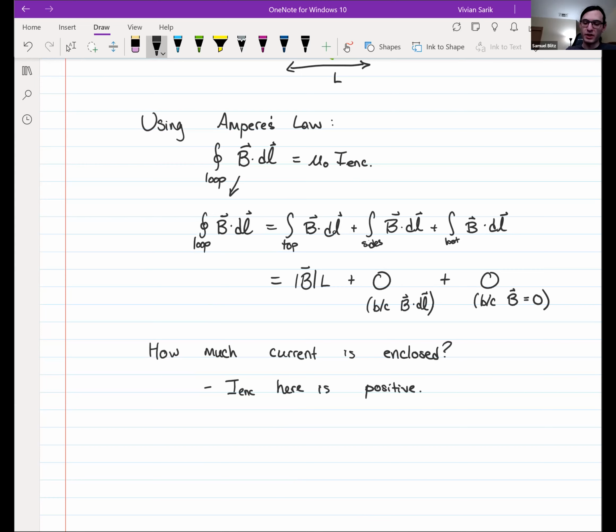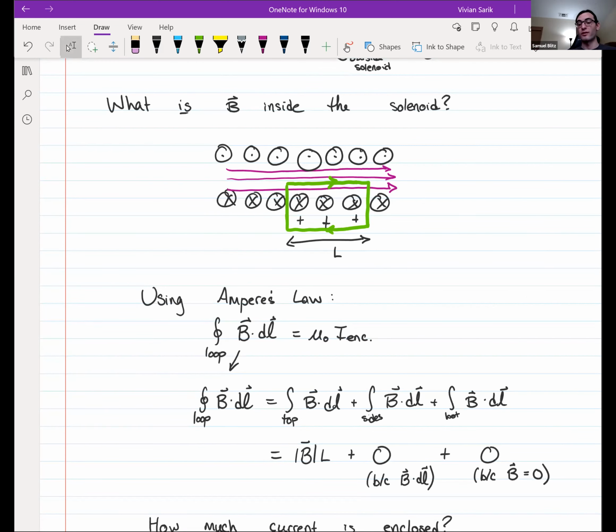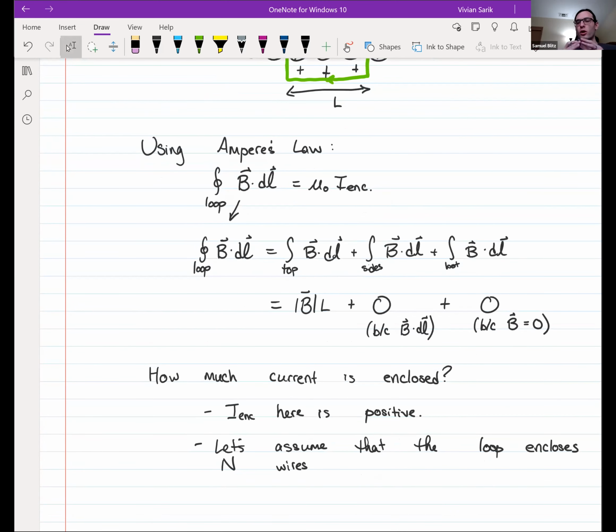Now, second, let's assume that the loop encloses N wires, capital N. Might be 3, like it is in this drawing. It might be 38, whatever. And obviously, the longer your loop is, the more wires you're enclosing, right?